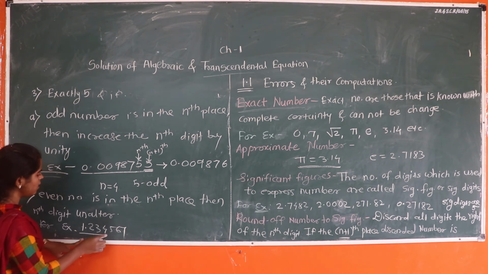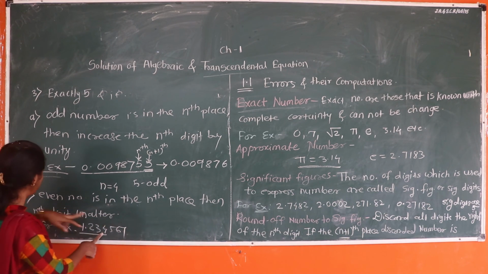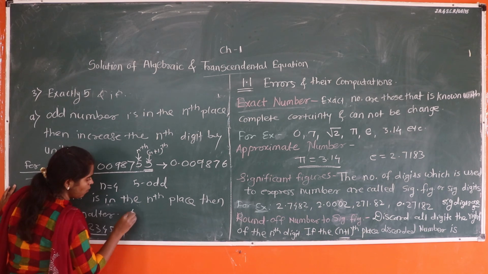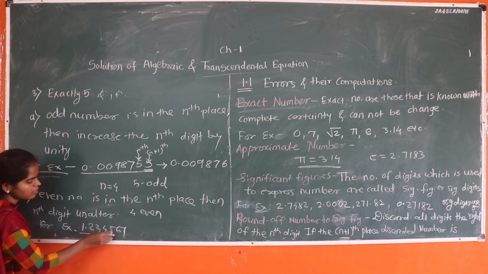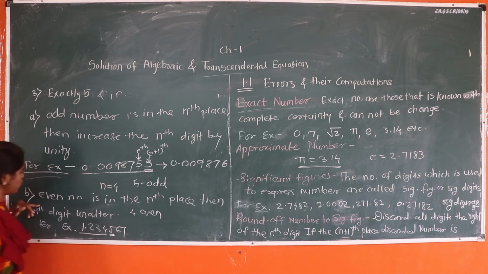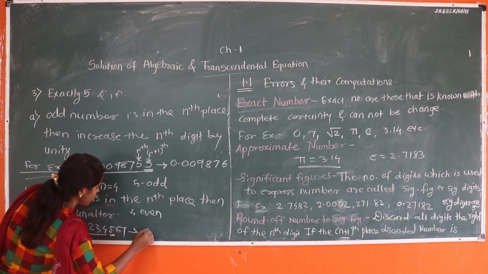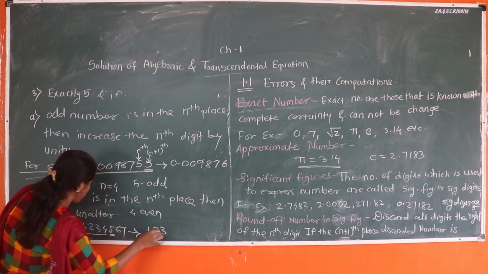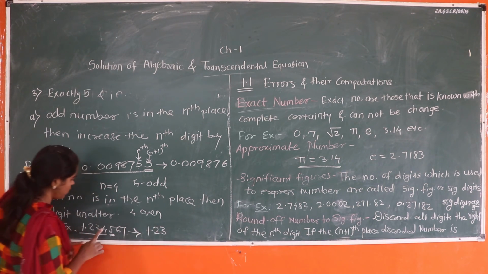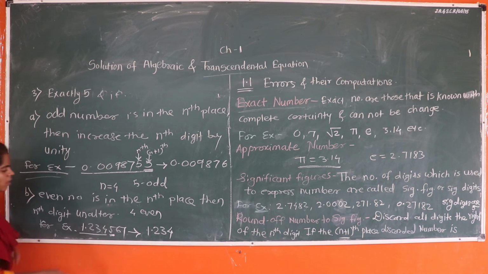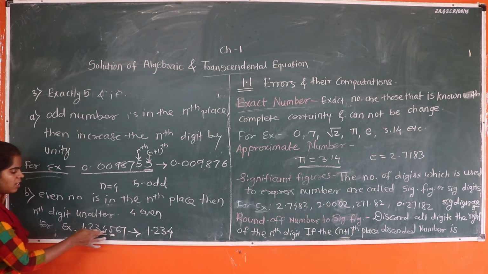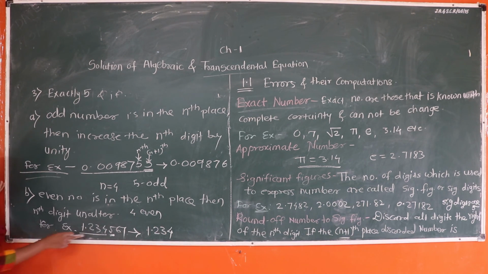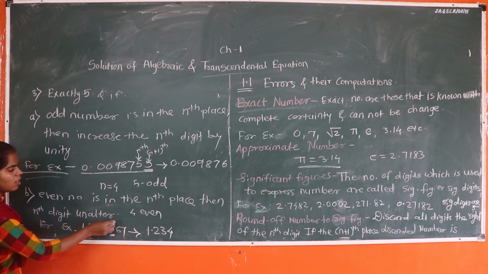At the nth place there is 4, which is even, and at the n plus 1 place there is 5. So what do we do? After rounding off this number we get 1.234, because at the n plus 1 place there is 5 and at the n place there is 4, which is even. So the nth digit is unaltered, meaning not changed.